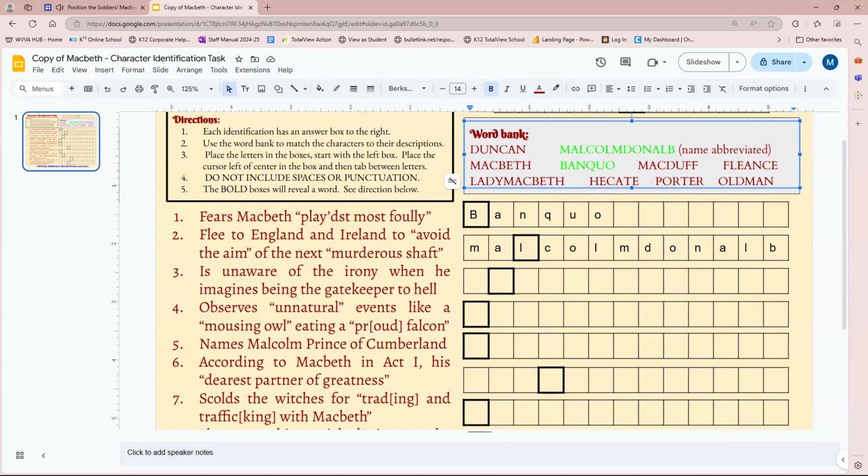Is unaware of the irony when he imagines being the gatekeeper to hell. And that is the Porter.